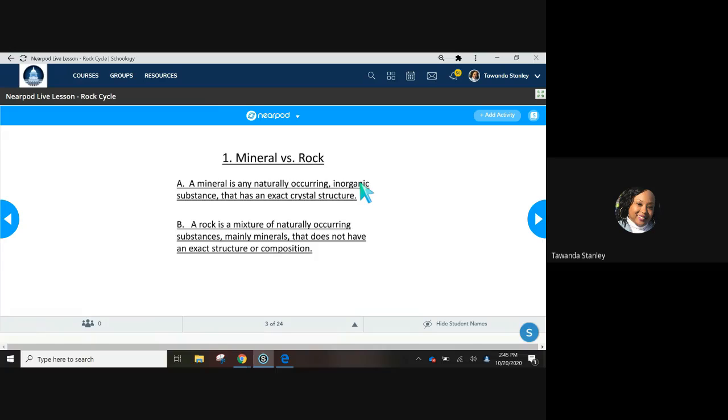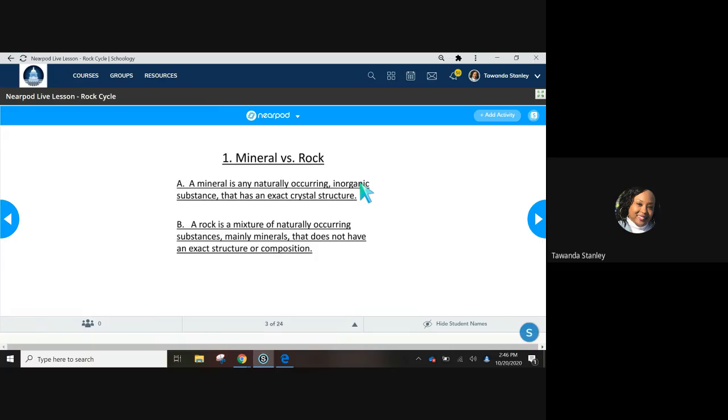If something is inorganic, especially as it relates to minerals, that means they do not form from the remains of plants, nor do they form from animals. Also, being naturally occurring means they are not man-made. This is not something that a man can do. When it says naturally occurring, this is something that occurs on Earth due to nature.